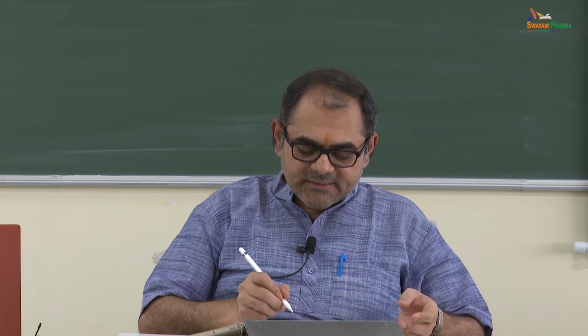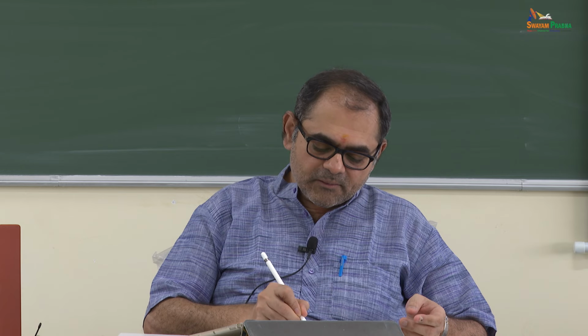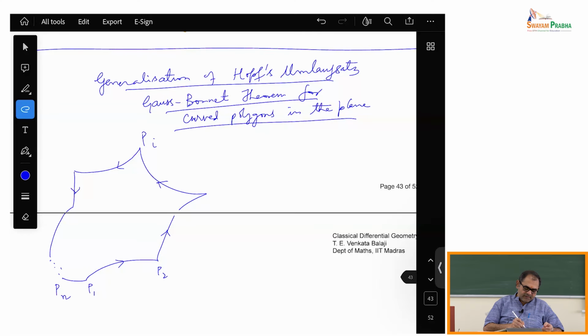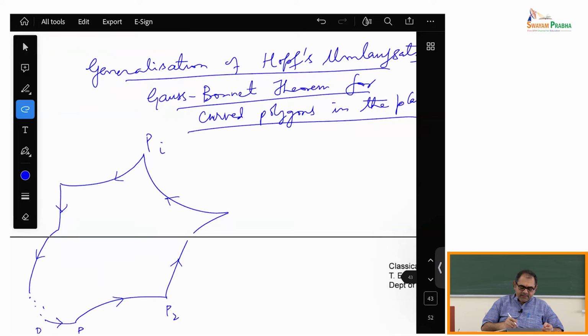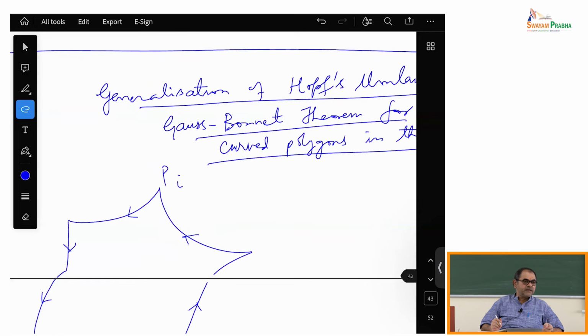And then what happens is that at every vertex of the polygon, and of course you put an orientation, you put the standard positive orientation, all right. Then at Pi, you have the notion of an interior angle and an exterior angle. So basically what you do is that, at Pi, you can look at the incoming tangent direction, and then there is the outgoing tangent direction, okay.